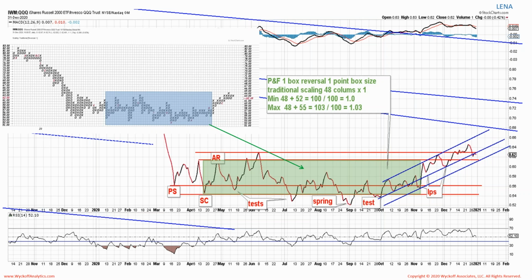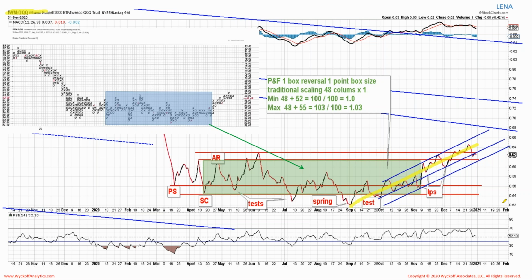And as Lena has beautifully done, she's labeled these accumulation areas on the chart, and notice that since September, the Russell 2000 has been outperforming growth. How about that? That's really interesting, because it shows that there's some element of rotation going on.